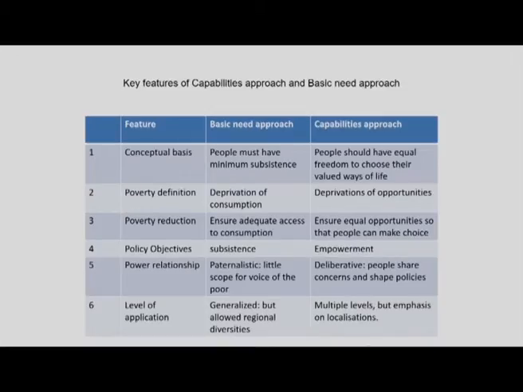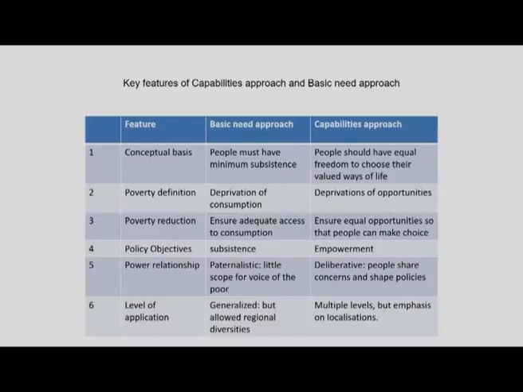So, if we have to summarize the key features of CA and the basic needs approach, in terms of the conceptual basis, the basic needs approach looks at the fact that people must have minimum subsistence. So, they must have access to food and shelter and clothing and drinking water and sanitation and so on. The capabilities approach focuses on the fact that people should have equal freedom to choose their valued ways of life.